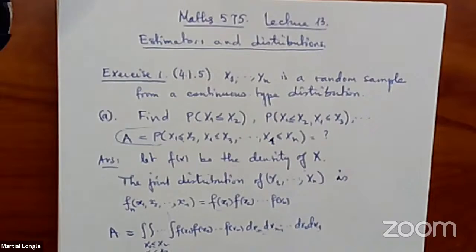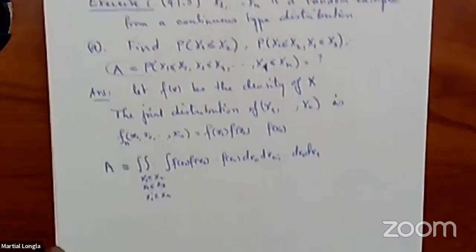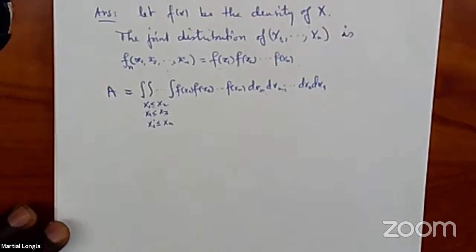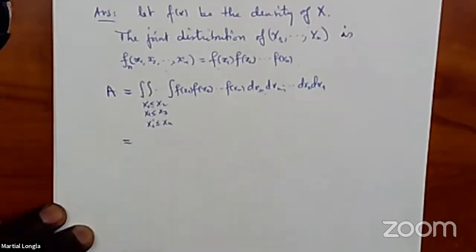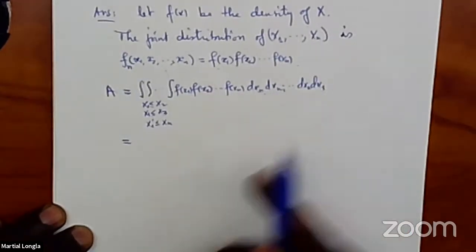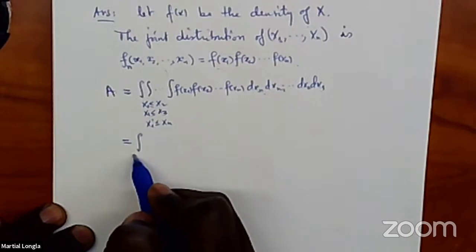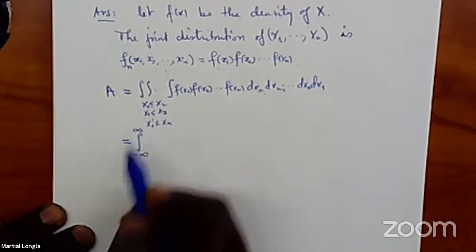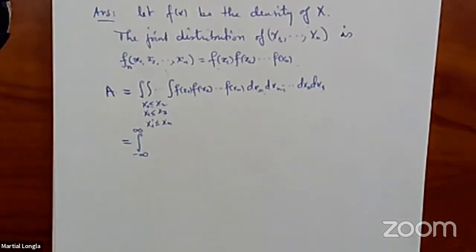So this integral is equal to: x1 will go from negative infinity to infinity, because it's the one that is less than everybody. I fix it first, then I integrate over it.